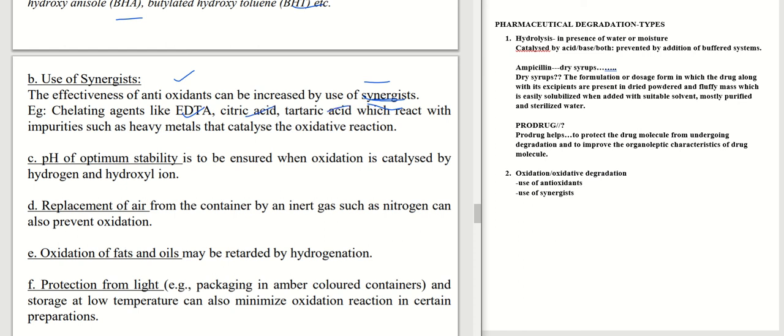These are added to the formulation because if by chance there are any heavy metals present, these agents will complex the heavy metals and thus the oxidative reaction will be decreased, because heavy metals actually catalyze the oxidative degradation, right? If we complex these heavy metals, they are not catalyzing the oxidative degradation. That is how we are protecting the drug from being degraded.